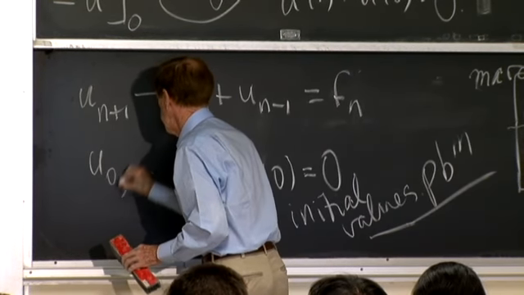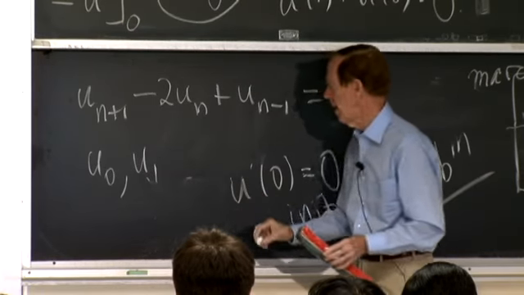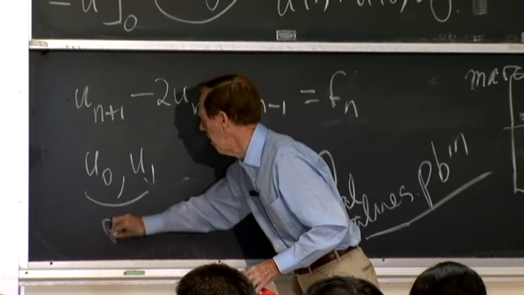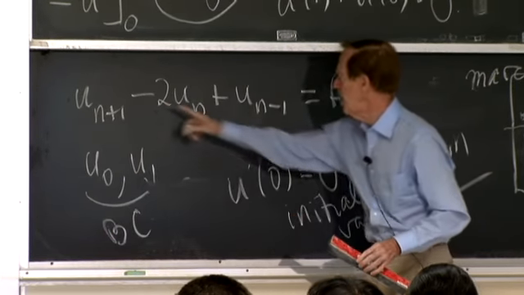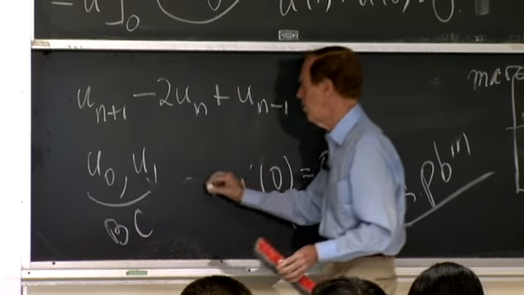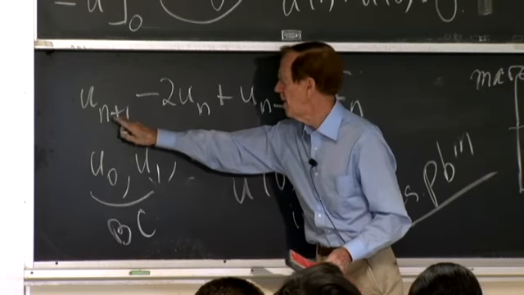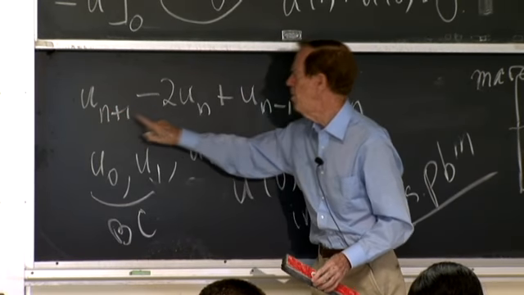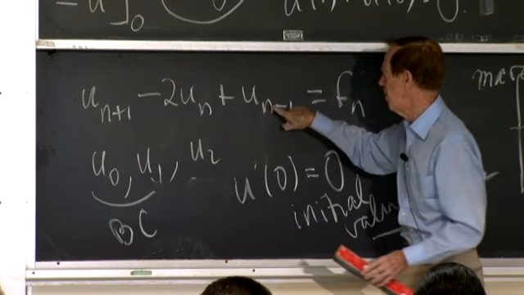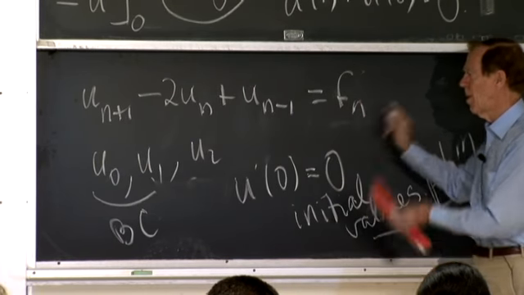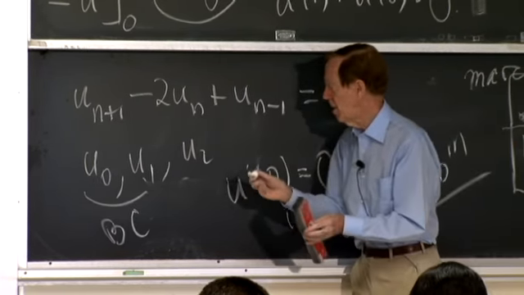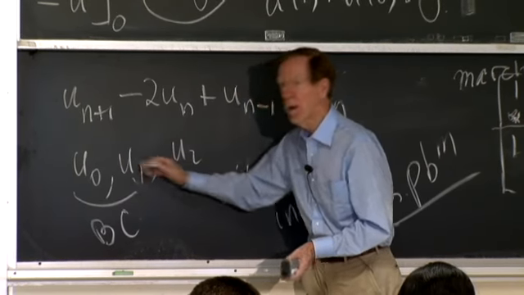I can start with u0 and u1. They come from the boundary conditions. Then this equation will tell me u2. I use the equation with n equal 1. This says u2, some u1s, some u0s, f1s, all that I know. In other words, once I get started, I'm on a roll.